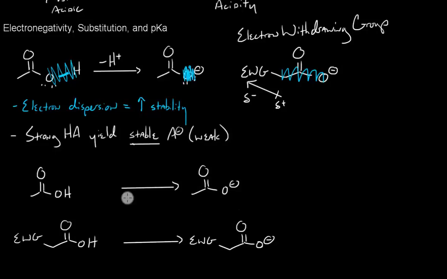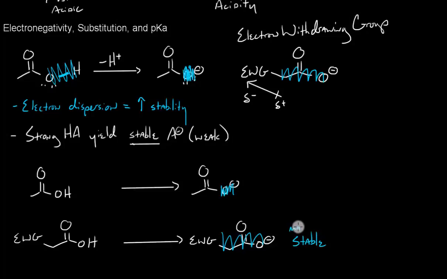And so if we use this principle right here, that really strong acids are going to yield very stable conjugate bases, we can use this idea from above that if you have an electron withdrawing group, you're going to stabilize the molecule. So then you could say, since you have this very delocalized electron cloud for this molecule versus this very dense electron cloud for this molecule, of the two, this is going to be the more stable molecule.